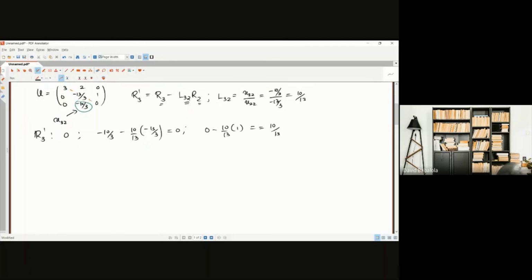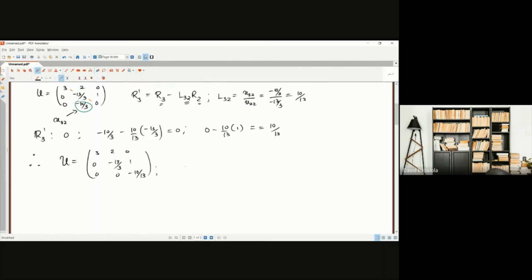So finally, therefore, our U matrix is now 3, 2, 0; 0, minus 13 over 3, 1; 0, 0, minus 10 over 13.